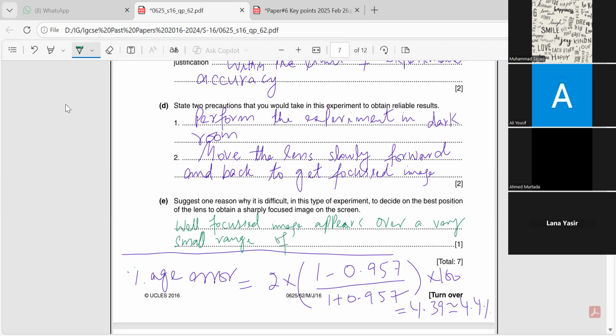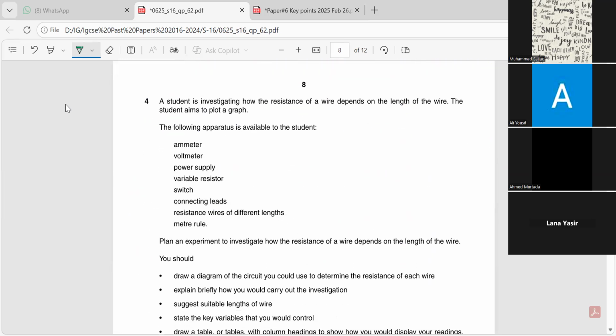And if you are writing about screens, over a small range of screen position. That's why we are moving it forward and backward very slowly.